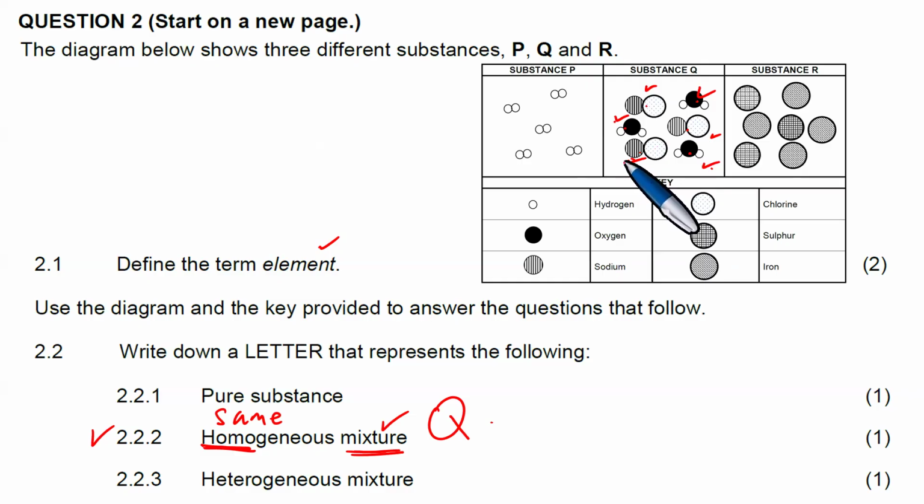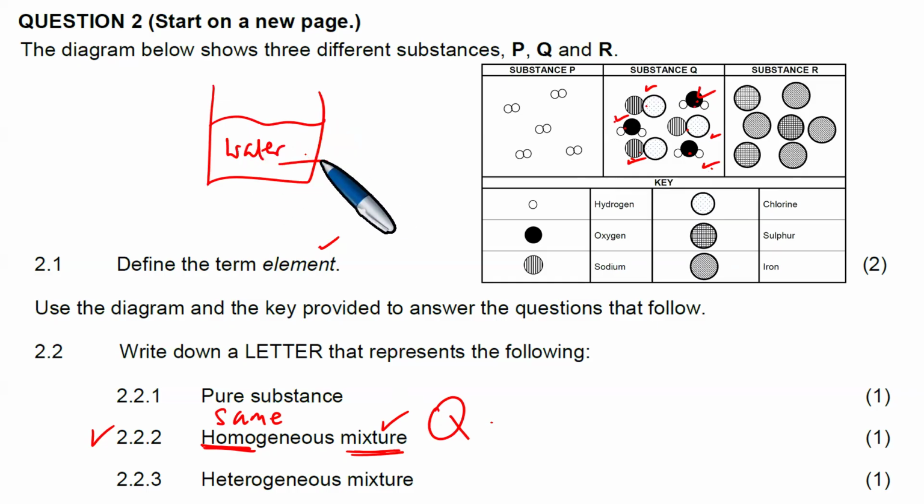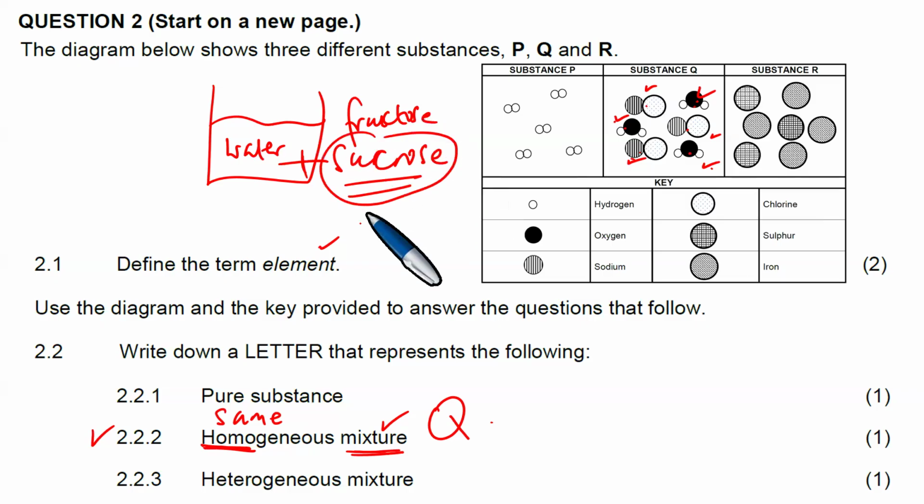Now, you need to think and understand what a mixture is. It is a mixture because you have two substances. Like I made an example: you put water, and you add to the water sucrose, table sugar, which is made from sugar cane, or you can add fructose.